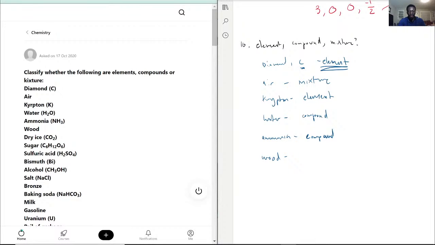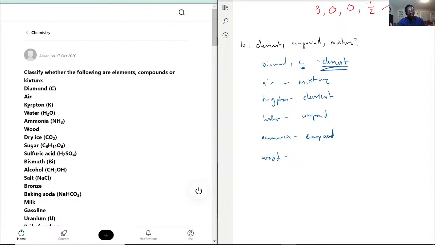It's definitely not an element, because you can't find wood on the periodic table. I want to say it's a compound, because that's a very specific part of trees. If it was a whole tree, that'd be more of a mixture, because it's made up of different compounds put together. Like humans, we're mixtures, because we're made up of different compounds.